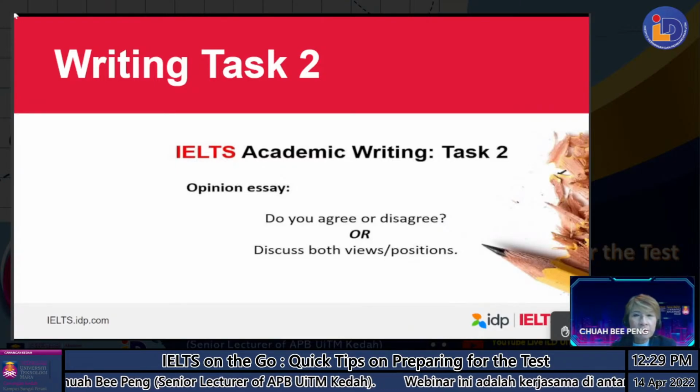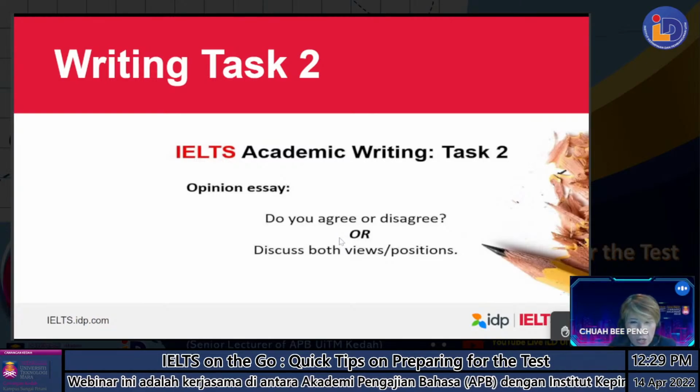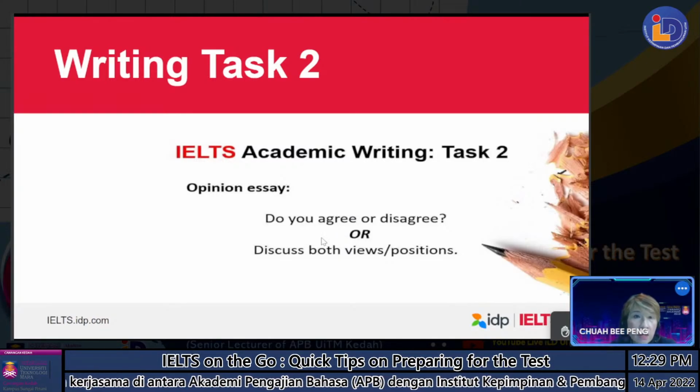Really? But for me, it is easier to choose I fully agree, or I fully disagree, because it doesn't give you any option to what extent. You don't have to show the extent. I agree with this, then you go all agree lah.